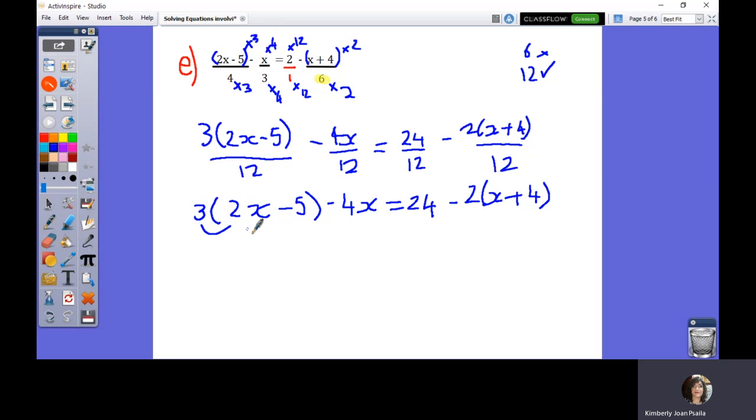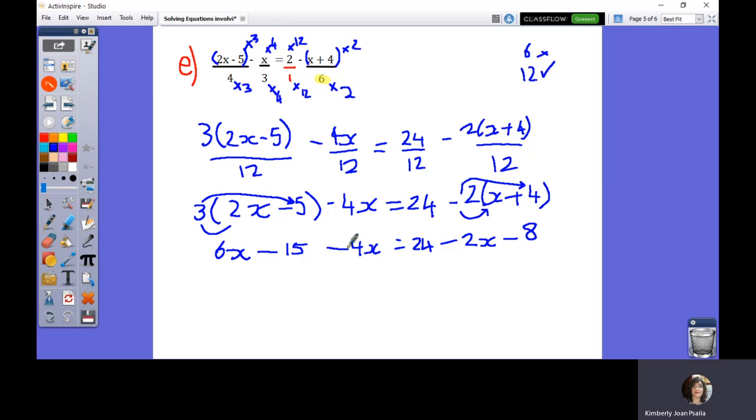So here we have 3 times 2x gives us 6x. 3 multiplied by minus 5, we have minus 15, minus 4x is equal to 24. Now you have negative 2 times x gives us negative 2x. Negative 2 times positive 4 gives us negative 8.